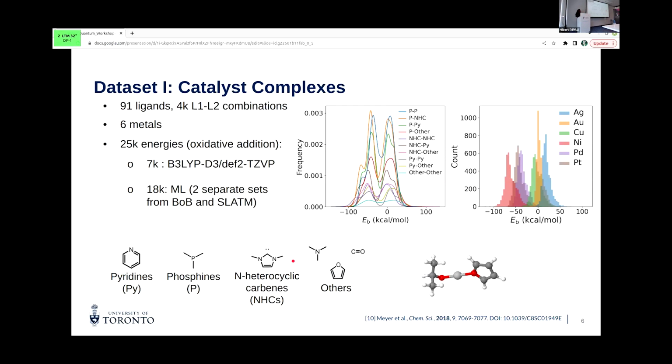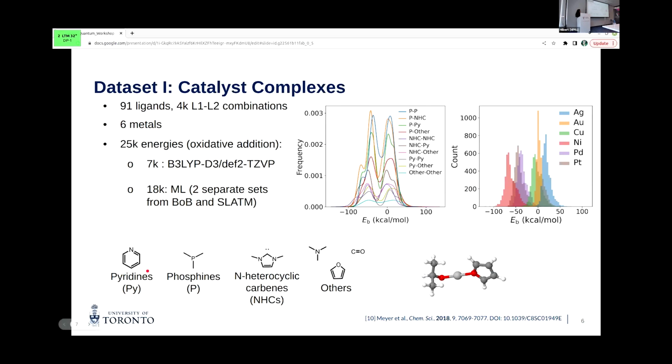I'll have 2 data sets in this project. Data set 1 has 25K energies of just the oxidative addition step. There are 91 ligands in them, so about 4K L1-L2 combinations.